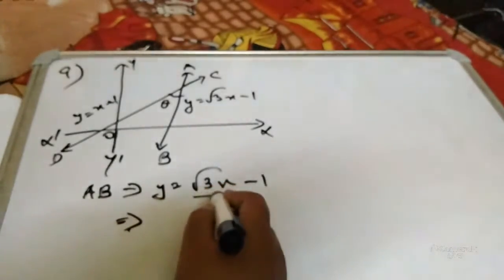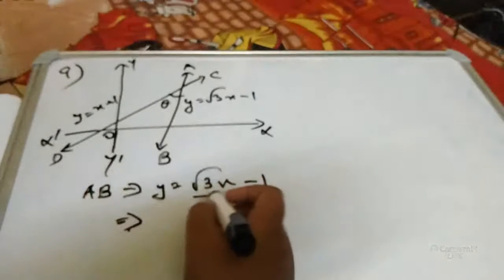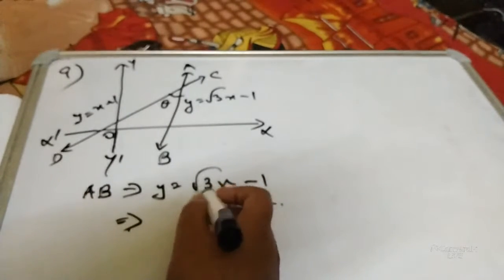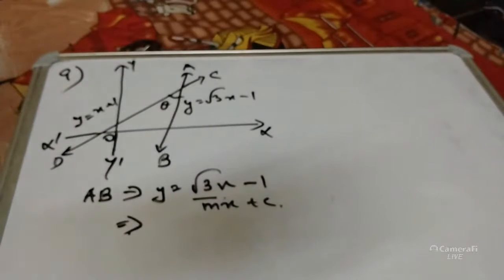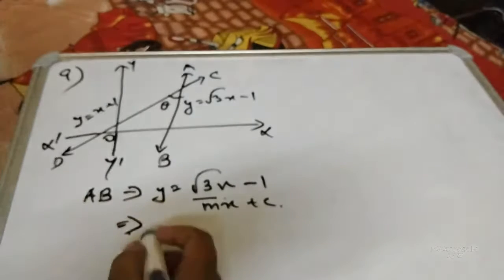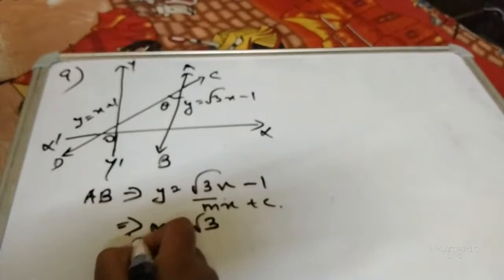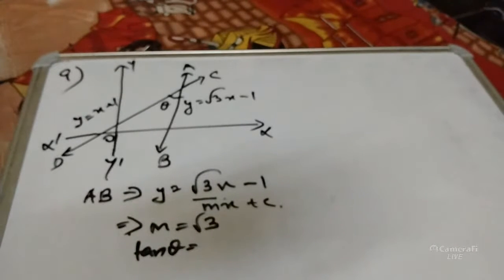So from here we get slope of AB. This root 3x minus 1, if we compare it with the form mx plus c, then we get root 3 is equal to m, or slope of the line is equal to m. So m is equal to root 3. M can be written as tan theta. Tan theta is equal to root 3.